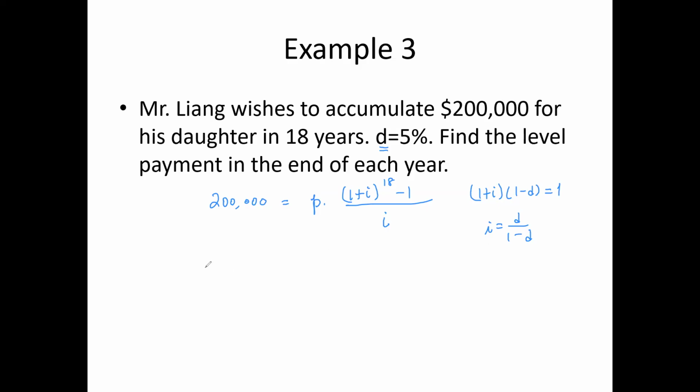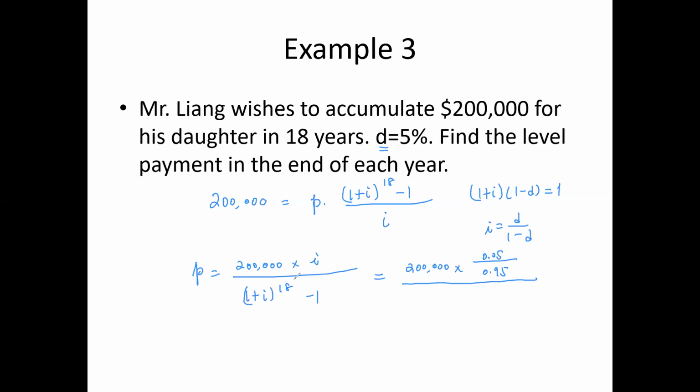So P equals 200,000 times i over (1 plus i to the 18 minus 1). And that equals 200,000 times i, which is d over 1 minus d, so 0.05 over 0.95. 0.95 is 1 minus d.